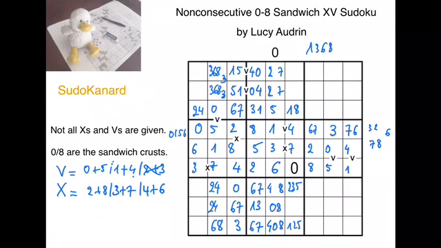Something interesting here. If I make this a 0, then this is not a 1, that's a 3, and we have 1, 2, 5 here, so 5 has to be in the middle. And if I make this an 8, then this is a 4, and 5 does not go here. So in both cases, I can remove 5 from this cell.